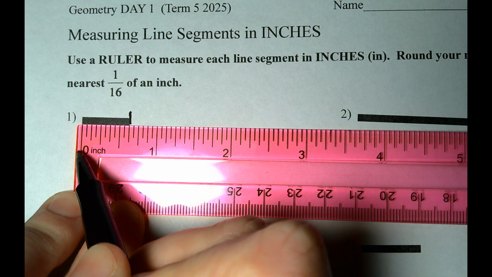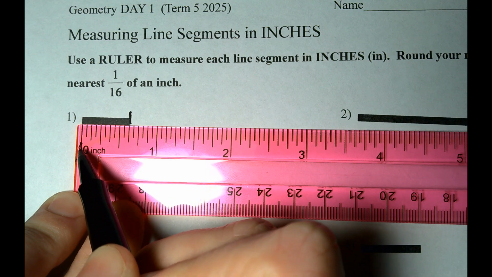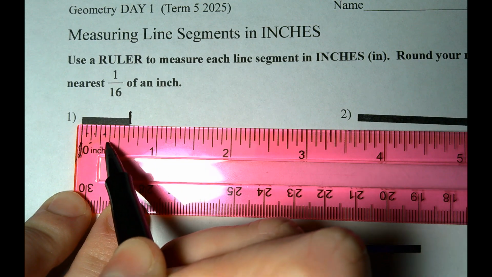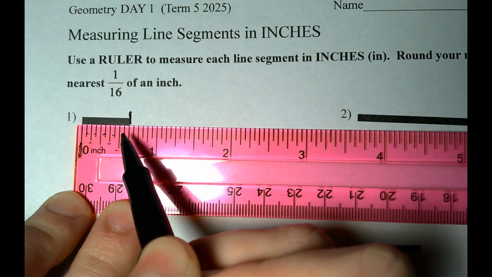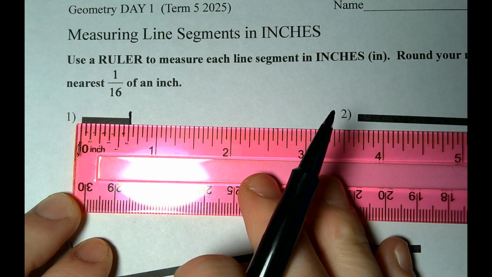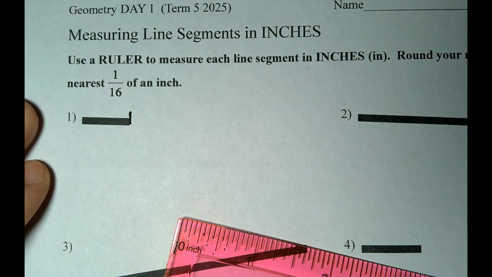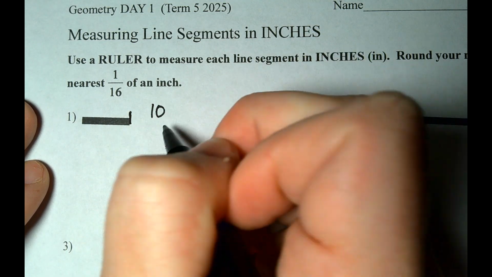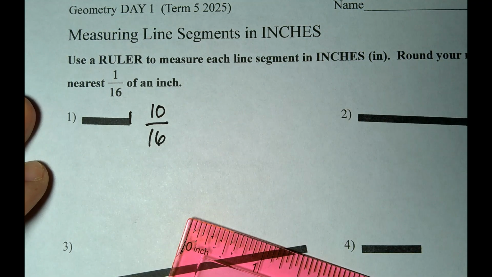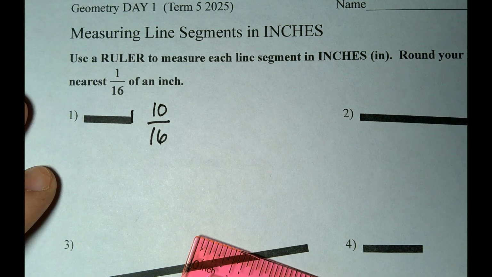So I'm going to count from my starting point: 1, 2, 3, 4, 5, 6, 7, 8, 9, 10. Okay, so I counted 10 little spaces. Since there's 16, I know that's 10/16 of an inch, right?